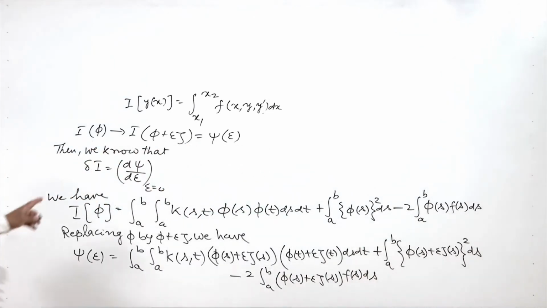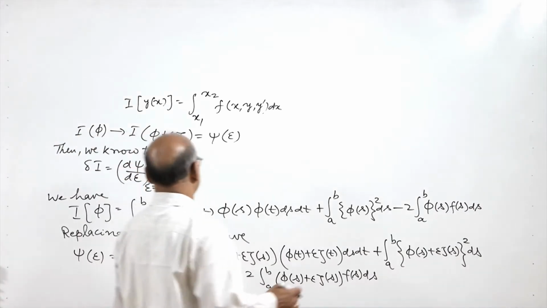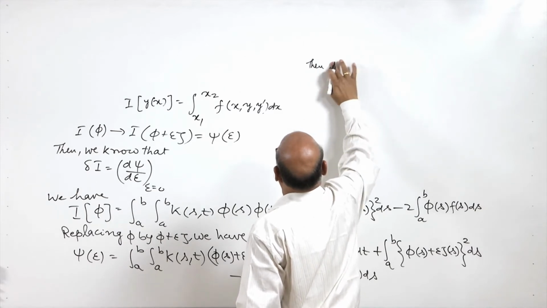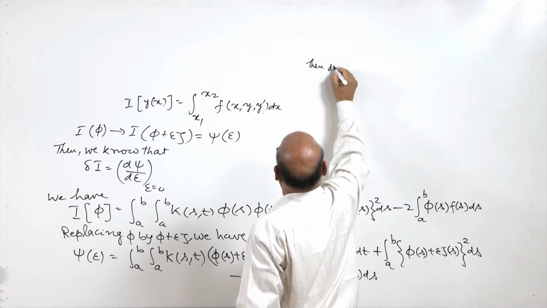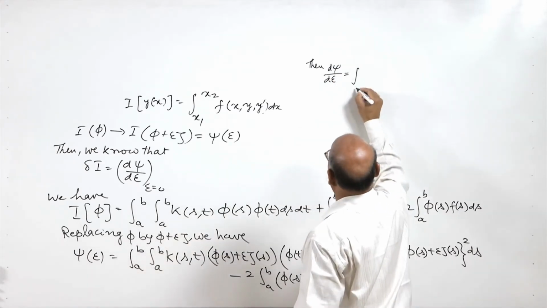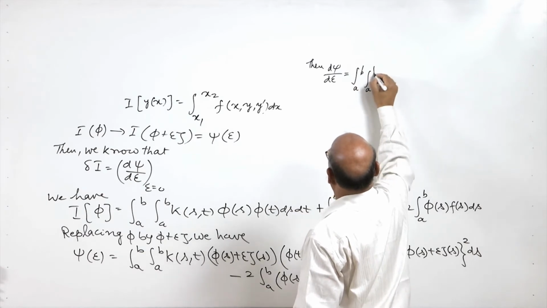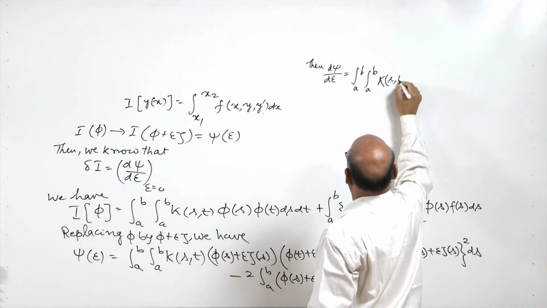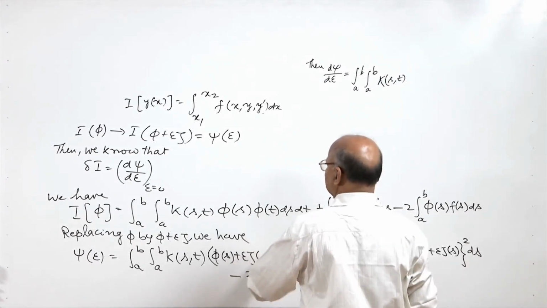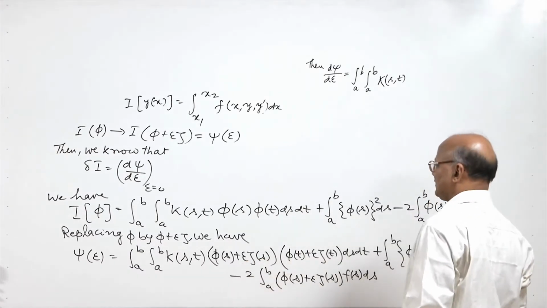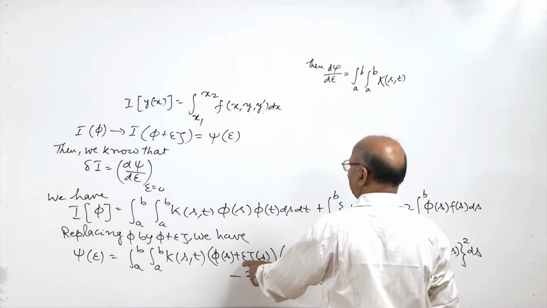Now in order to determine delta I, let us differentiate psi with respect to epsilon. Then d psi over d epsilon will be K(s,t). When we differentiate this with respect to epsilon, we have a product of two functions which depend on epsilon. So we apply the formula for the derivative of a product of two functions.